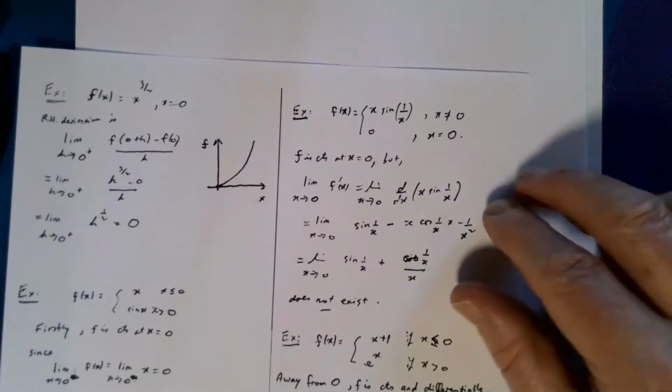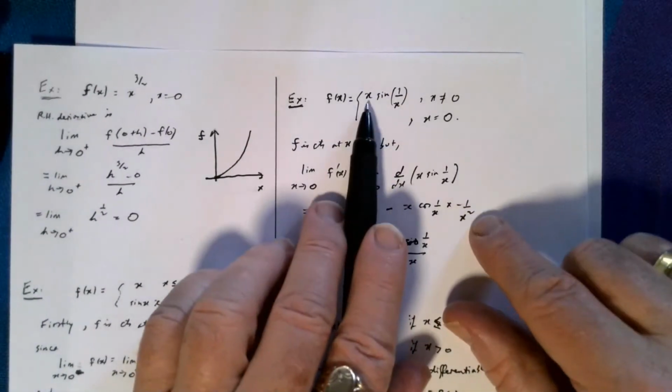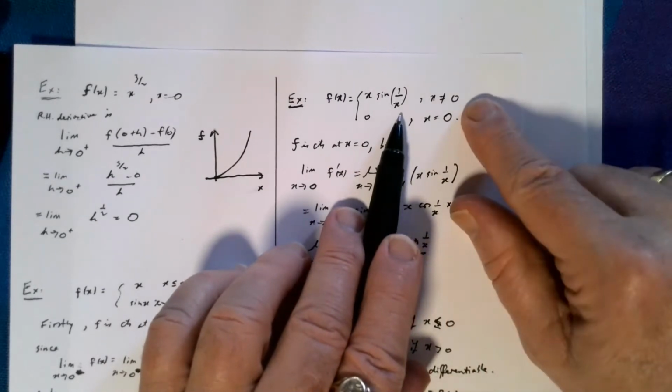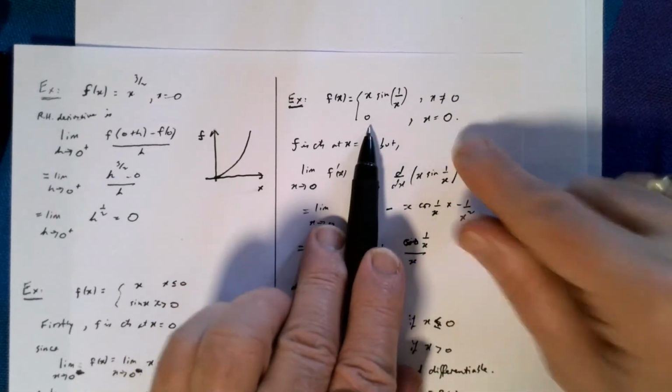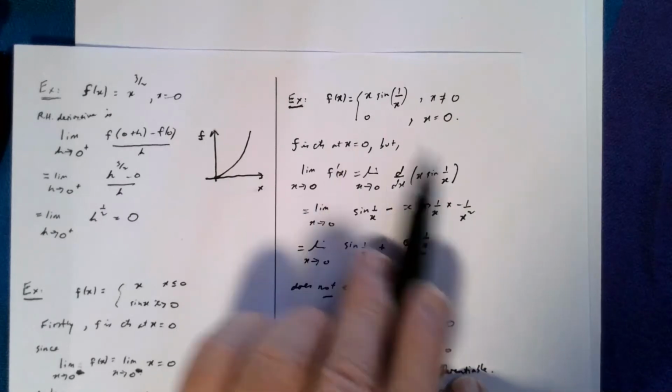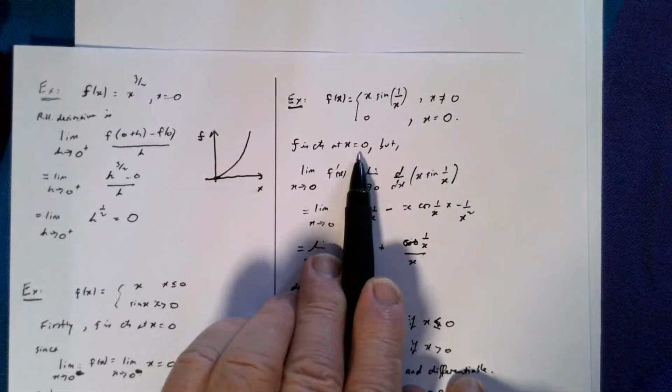So here's a little proof that this particular function, x times sine 1 on x if x is not 0, and we make it 0 at x is 0, is continuous at x is 0. We did that one before.